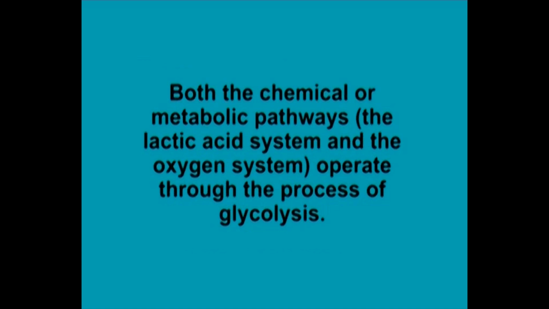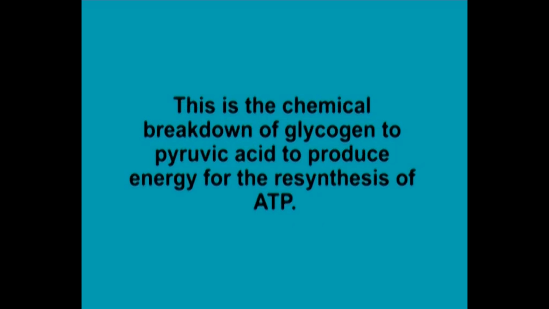Both the chemical or metabolic pathways, the lactic acid system and the oxygen system, operate through the process of glycolysis. This is the chemical breakdown of glycogen to pyruvic acid to produce energy for the resynthesis of ATP.